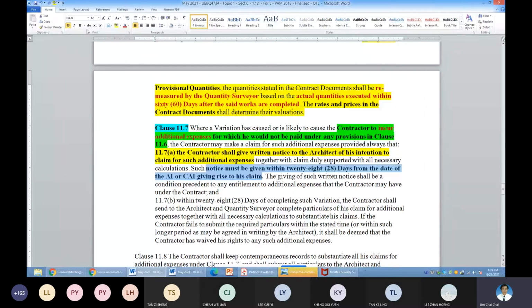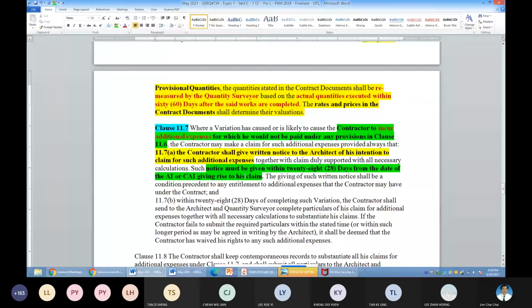It is on the AI or CAI and not on completion of the work. A lot of contractors are mistaken. They say, oh, no problem, this is VO work, I will finish the VO work, then only I submit my claim. Sorry. Your claim for your physical work under clause 11.6, no problem.